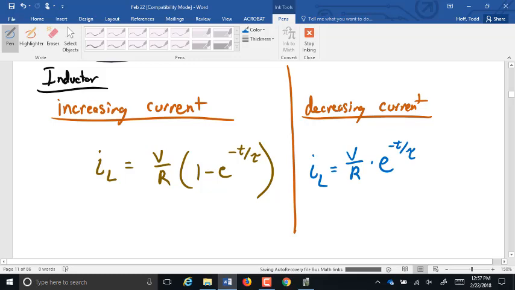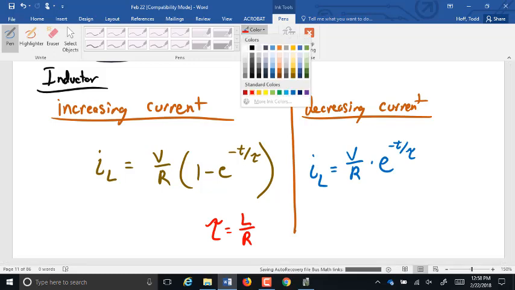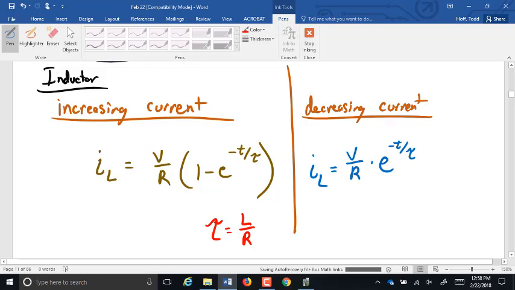What is tau now in this case? L divided by R. Inductance divided by resistance is our time constant. L is just the inductance.